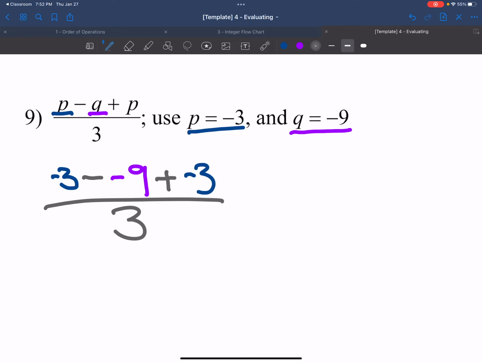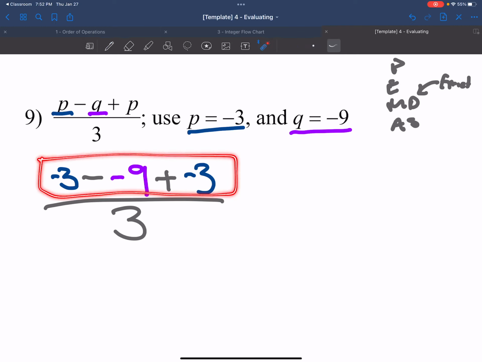Now, I know we have Please Excuse My Dear Aunt Sally, and a fraction bar means division, right? But we probably shouldn't divide quite yet. We should only divide when we have one number up top here. And right now, we've got to figure out what that one number is.